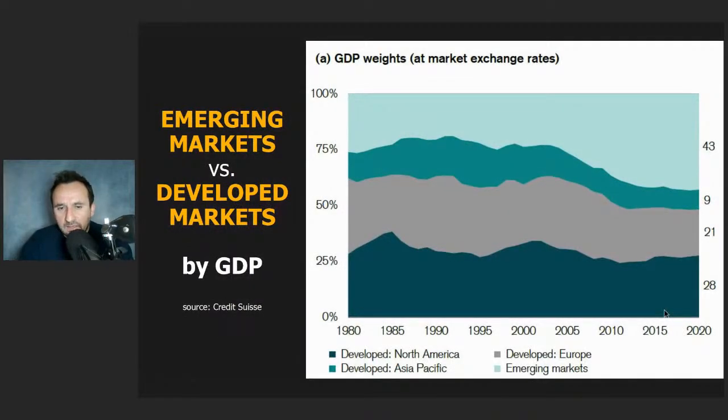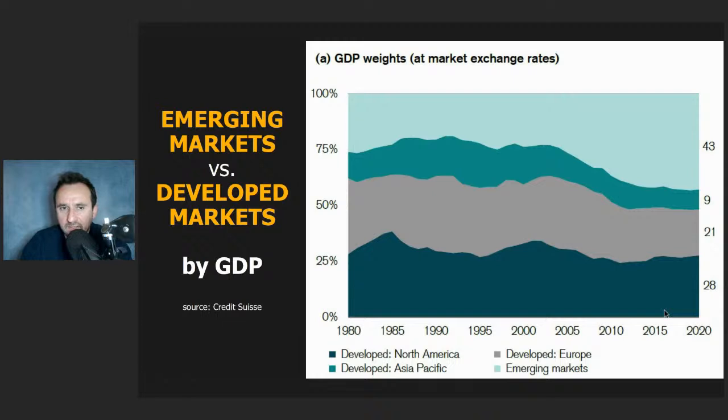Emerging markets and developed markets. Again, now, as I said, 14% of the capitalization comes from the emerging markets, meaning that if you take all companies from the emerging markets, the value of these companies is about 14% of all global companies.